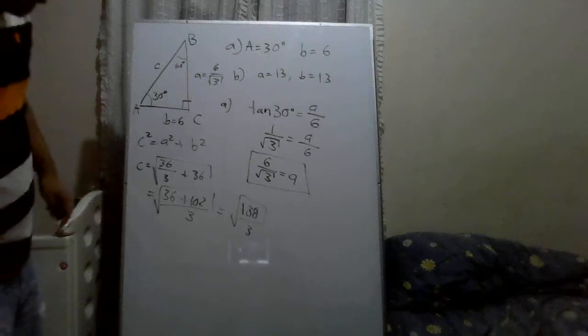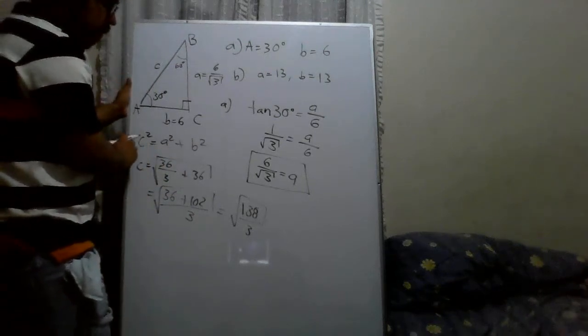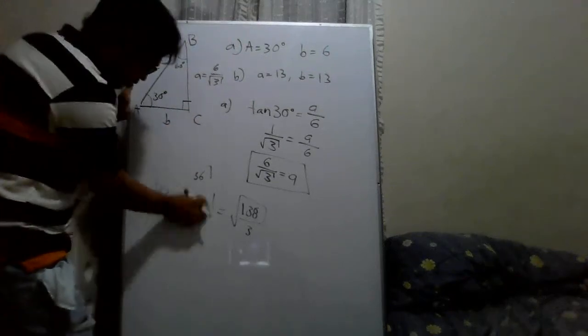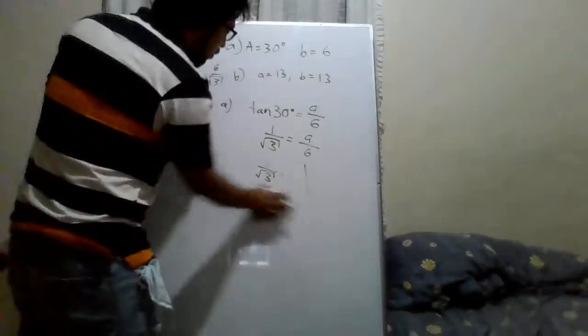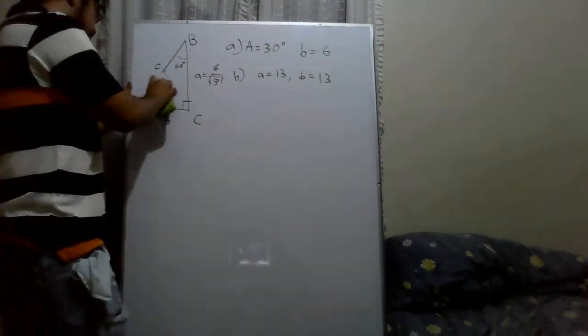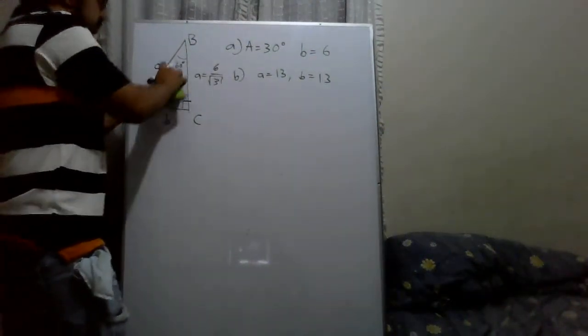Okay, now let's do option B. I'm going to erase here. This information is from option A. And now let's do option B. As you can see, it's actually very easy to solve right triangles.